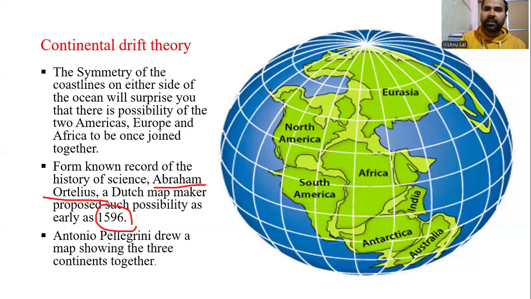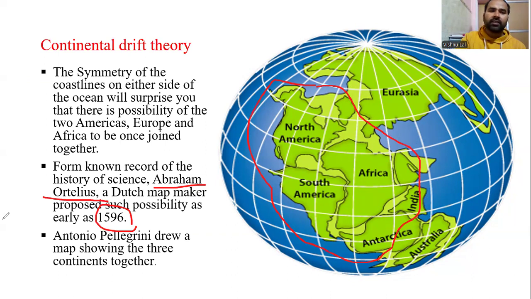In 1596, Abraham Ortelius proposed this similarity, that the Americas, Africa, and Europe were joined together in their geological past.